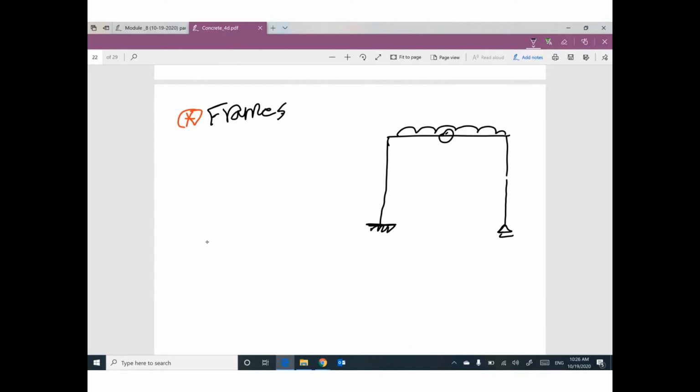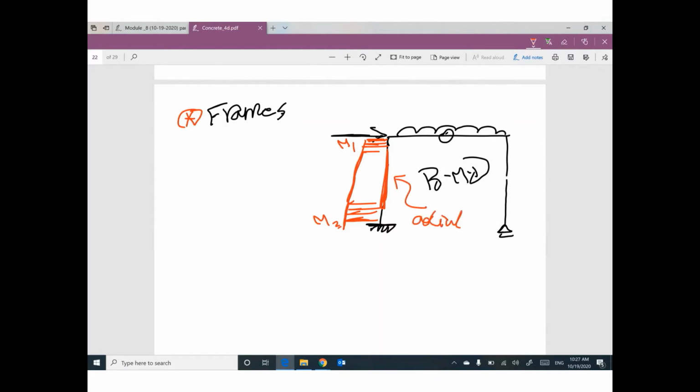After you draw the bending moment diagram, we can expect a moment on this beam or on this column looking like this. So this column will have moments M1 and M2, not equal, but on the same side. And also we have axial force, P ultimate.